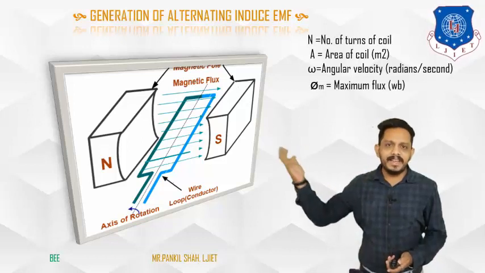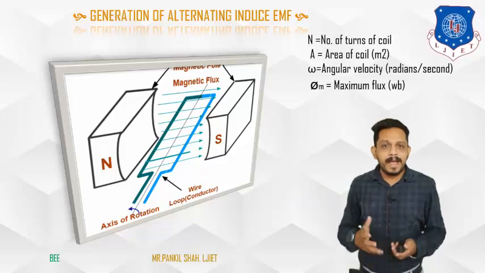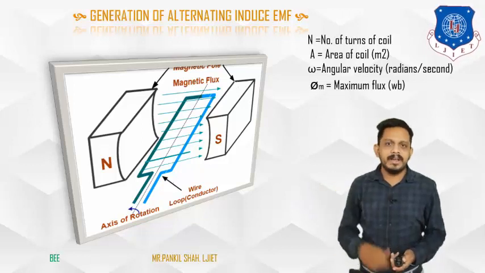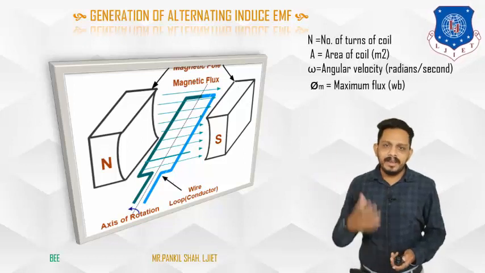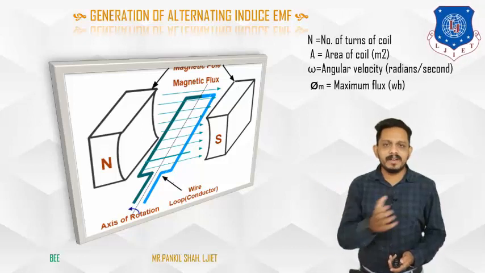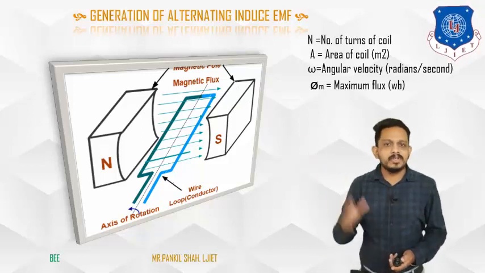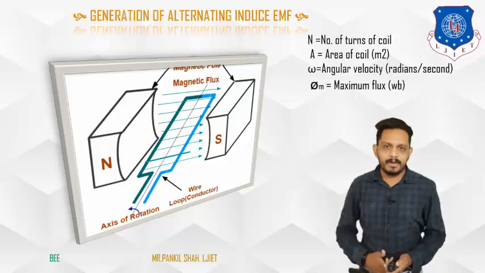A is the area of this coil. Omega is the angular velocity, in radians per second, at which it is rotated, and the flux linking with this coil is denoted by phi m. So phi m is the maximum flux linking with this coil. So this was the arrangement that we have to make to generate an EMF.